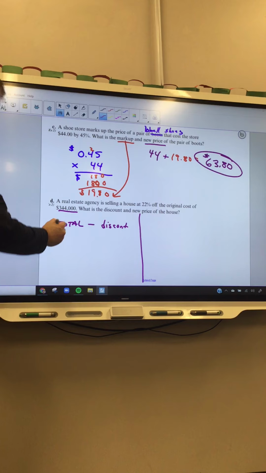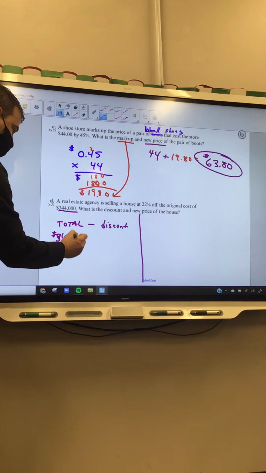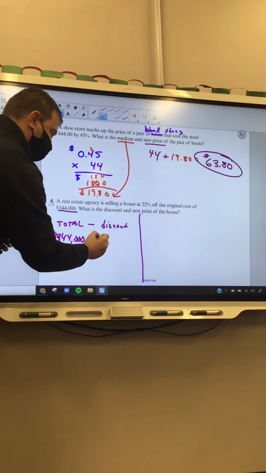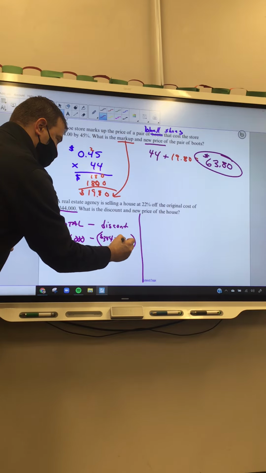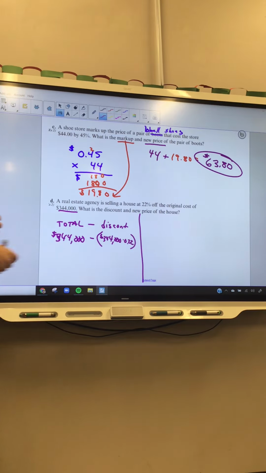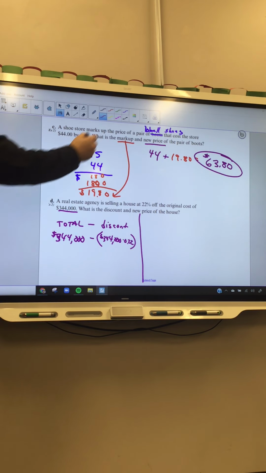Okay, so this is going to be your 344,000, and you're going to subtract the discount, which was that 344,000 times 22%, right? There's another way that I was thinking of doing it, which is just taking the whole cost and multiplying it by what's going to be left.